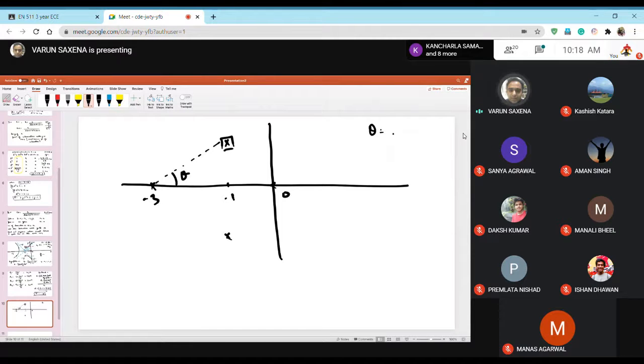Theta is tan inverse 1 by 2, because this distance is 1. This is minus 3, this is minus 1, so this length is 2. Then what is the angle being subtended by this?